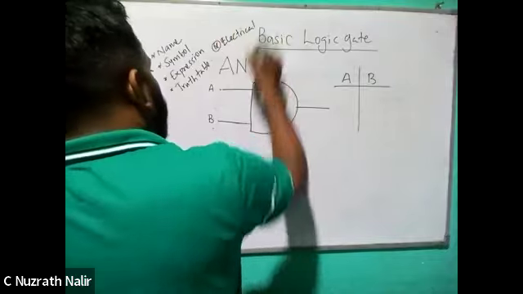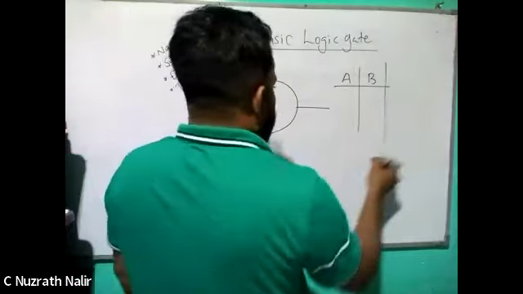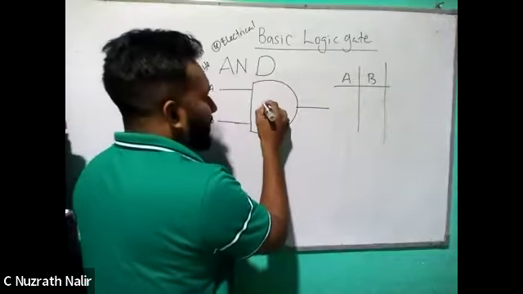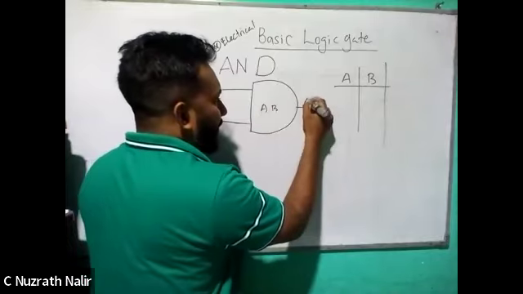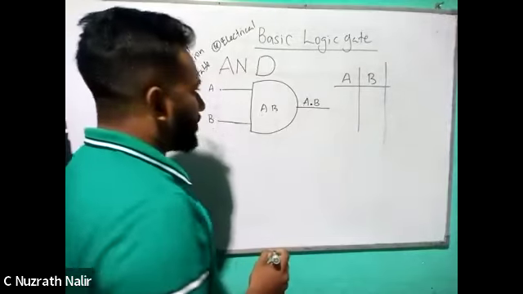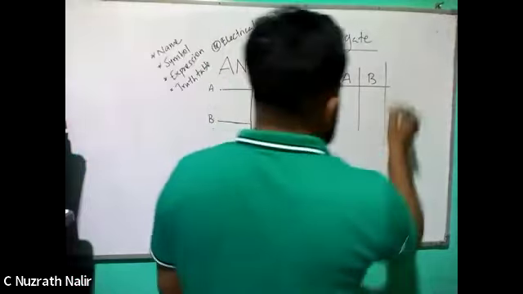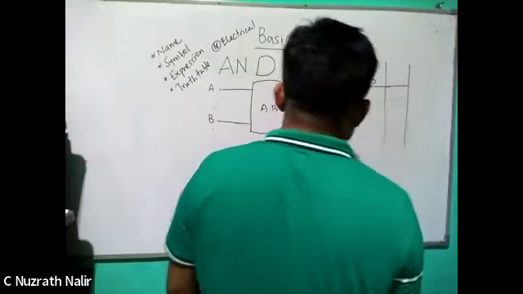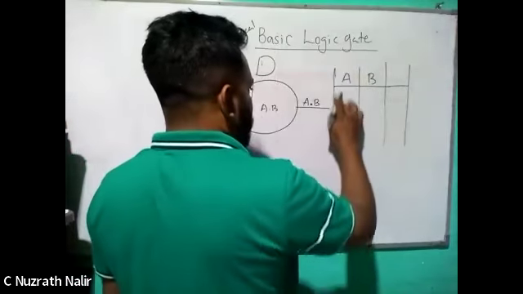I will show that electrical diagram. So A, B, this is a multiplication. Therefore A dot B. Okay, my dear students, A dot B.